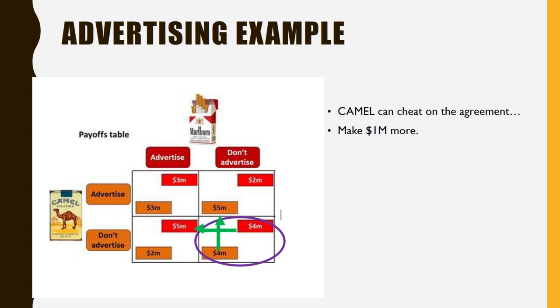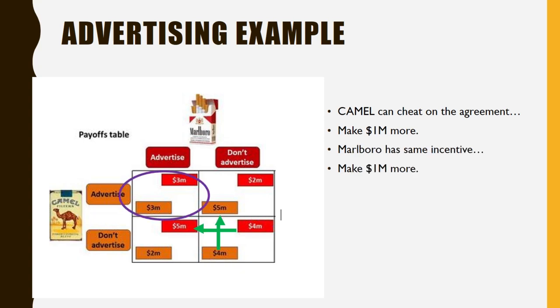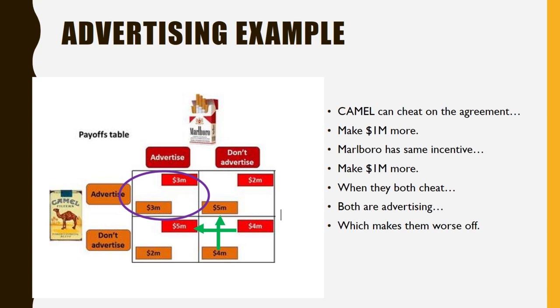So by the time both of them switch to advertise, where do we end up? We end up with both of them advertising, and we've already said advertising is expensive. So when they both cheat, do we agree they're both advertising, which makes them worse off than they were to begin with? They were trying to collude, but they each had an incentive to cheat on the collusion, and now they're worse off because they've got to spend a lot of money on advertising.